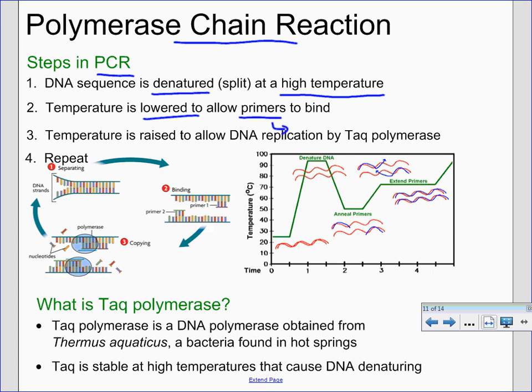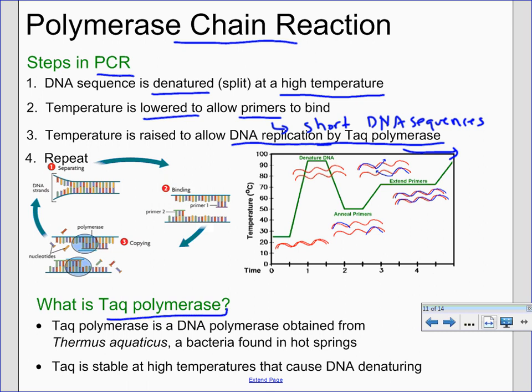And remember, those primers are short DNA sequences, which in this case will be complementary to the region of DNA that we're interested in amplifying. Then the temperature gets raised again to allow DNA replication to occur by an enzyme referred to as Taq polymerase.